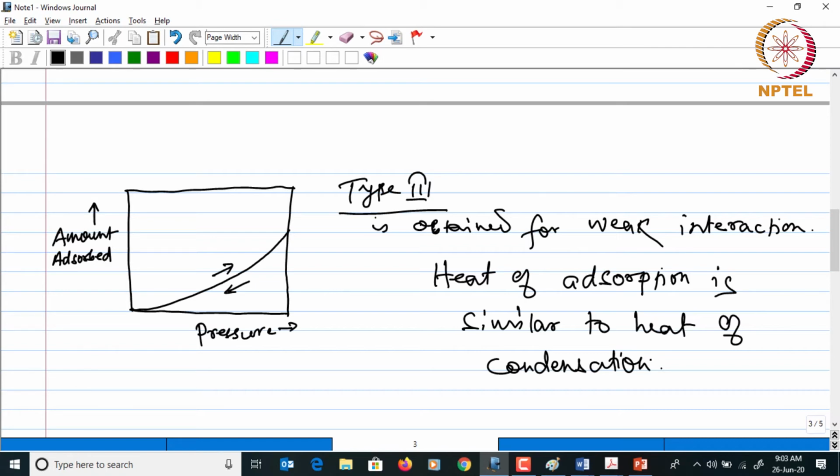Therefore, for this kind of interaction, a significantly high partial pressure of the gas is required for the adsorption to happen. And this kind of isotherm is associated with large pores.